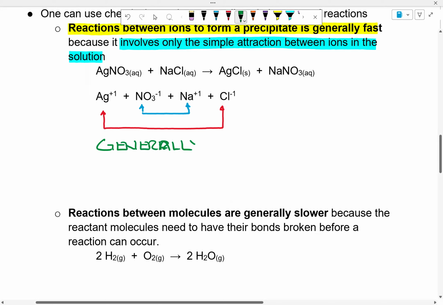Generally fast because the ions are attracted to each other.